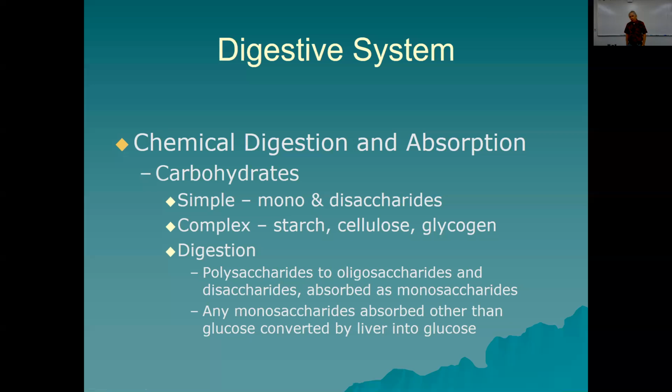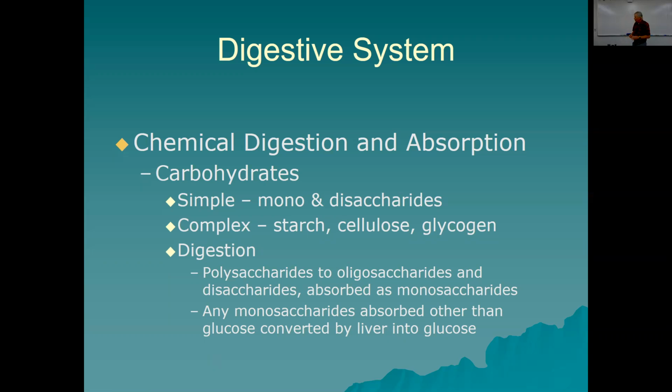Complex carbohydrates are at least 4 sugars in a row, and there are 3 different ones: starch, cellulose, and glycogen. Starch and cellulose are plant products. Glycogen is also called animal starch.